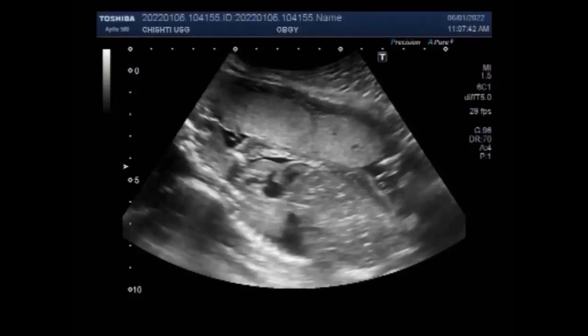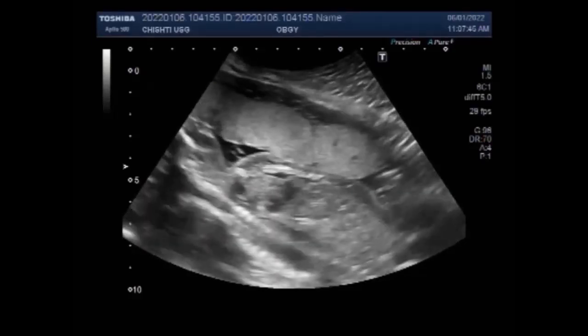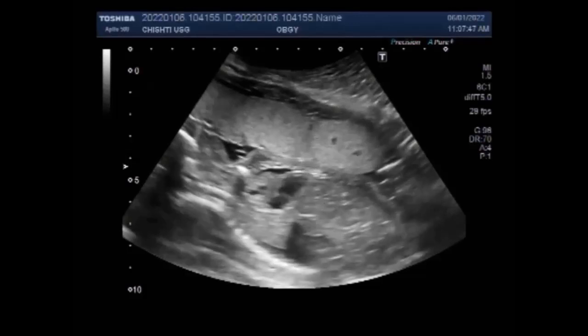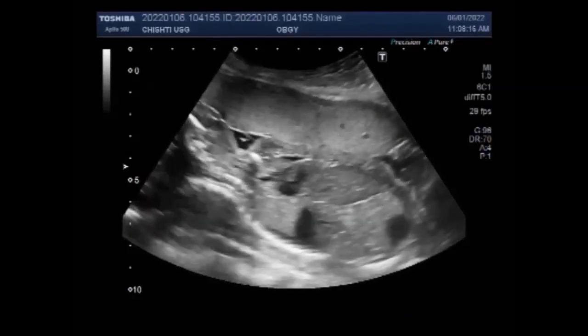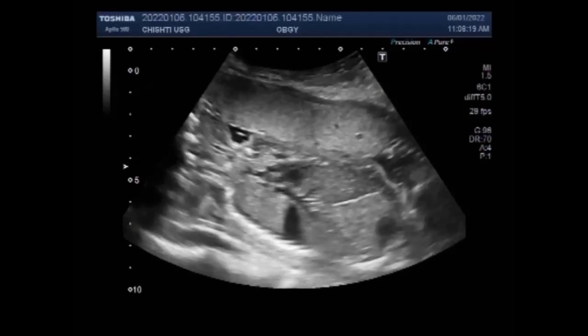The sonography features of hydrops fetalis are defined as the presence of two or more abnormal fluid collections, as I have already described. Hydrops fetalis is a serious fetal condition defined as abnormal accumulation of fluid in two or more fetal compartments, including ascites, pleural effusion, pericardial effusion, and skin edema. Moreover, it is also associated with polyhydramnios and a thickened placenta more than 6 centimeters in as many as 30 to 75% of patients.